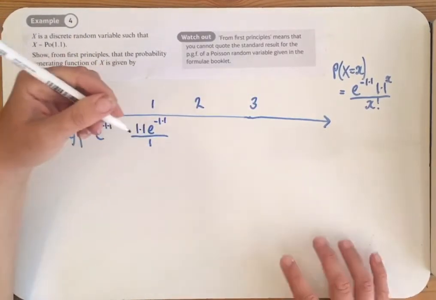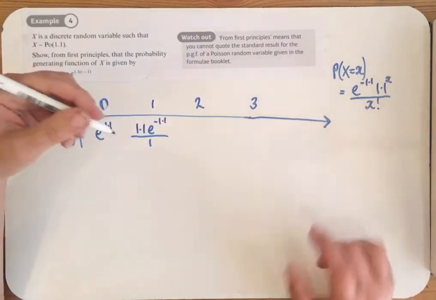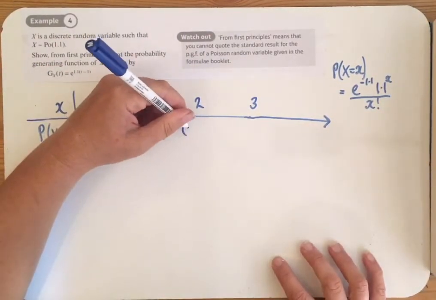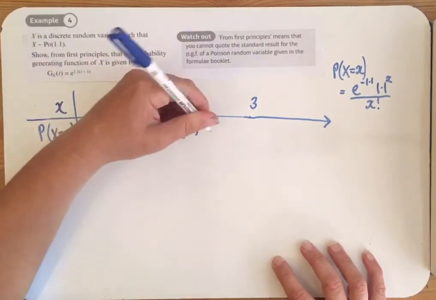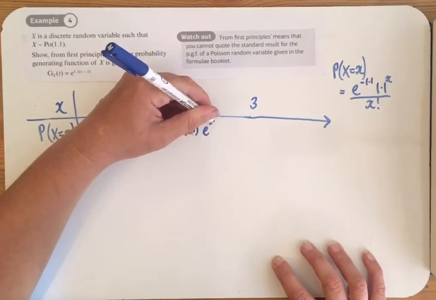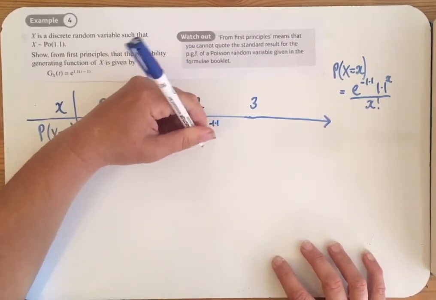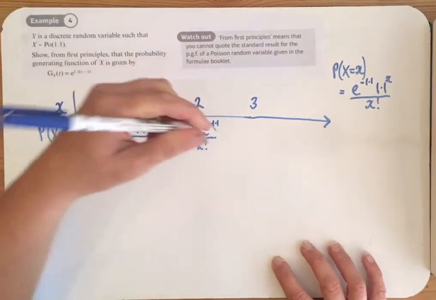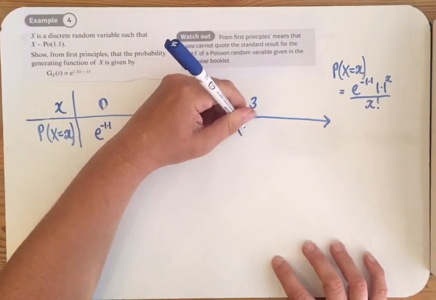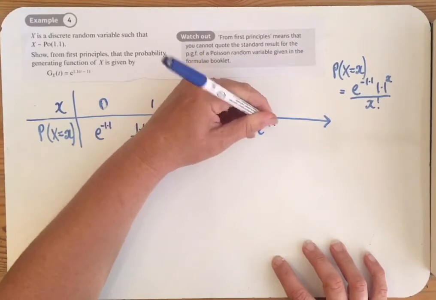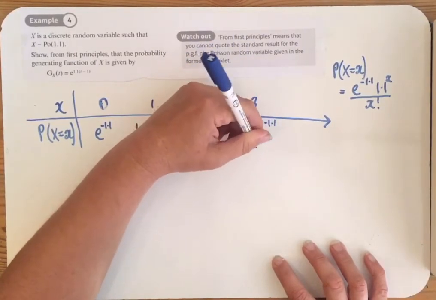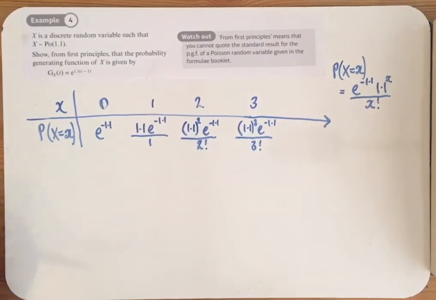The probability X is 2, so I'm substituting 2 into here and here, is 1.1 squared. I don't really need a bracket on that, it might make it look a little bit clearer. And that's all over 2 factorial, and then 1.1 cubed e to the negative 1.1 over 3 factorial, etc. I think that's enough for you to see what's happening.